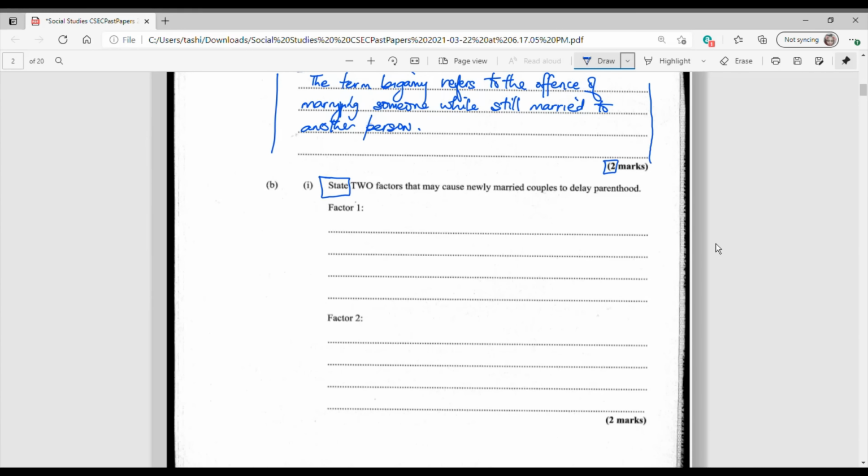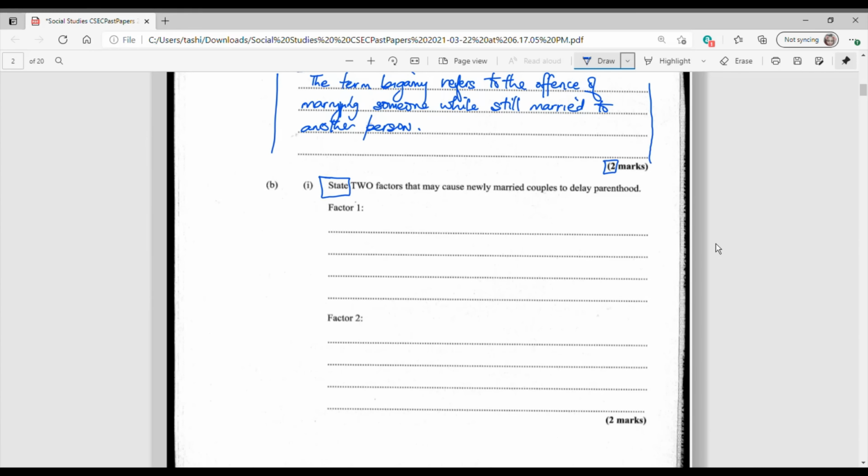So you have to also try to understand the questions, because you may know the content, but you write the wrong thing because you don't understand the question. So what this means is you are going to be writing down 2 things that may cause people who just got married to put off having children, to put off being parents.